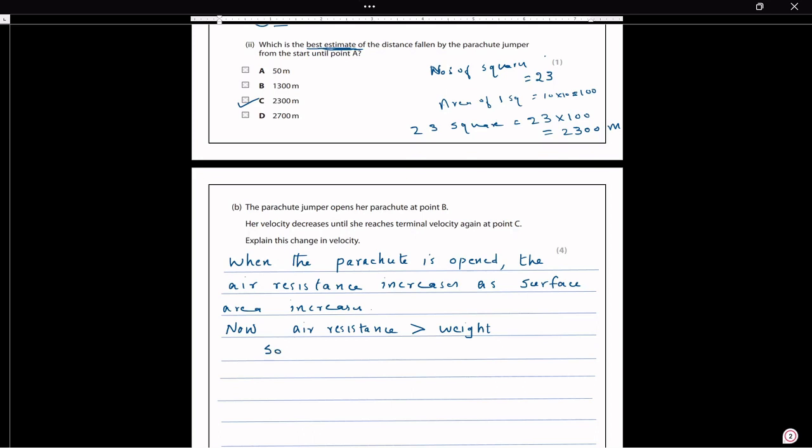So the resultant force is upward. We know that the air resistance is upward. Upward force is more, so the resultant force is upward. So she decelerates.